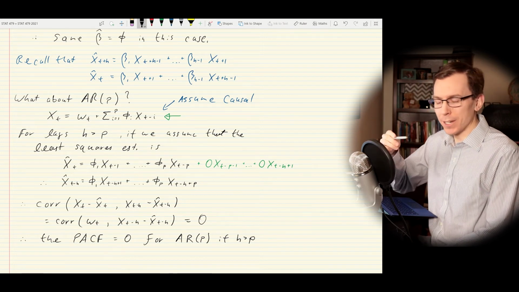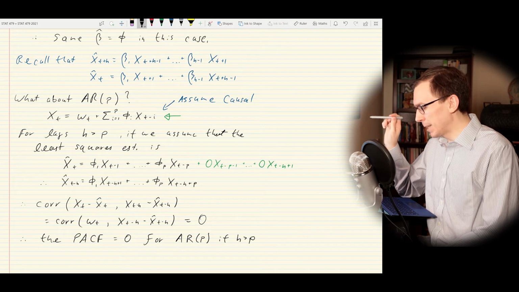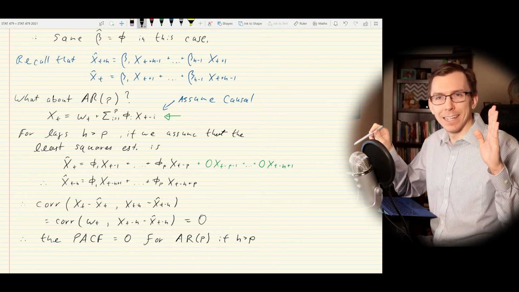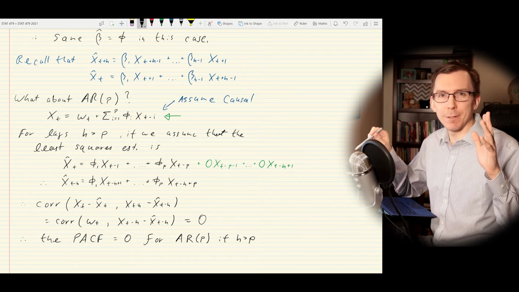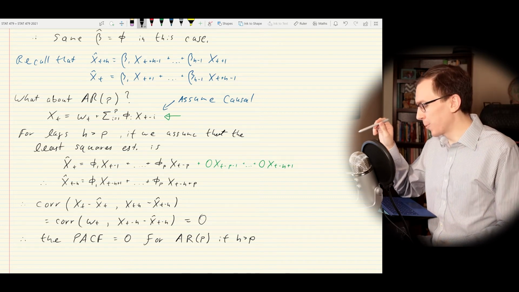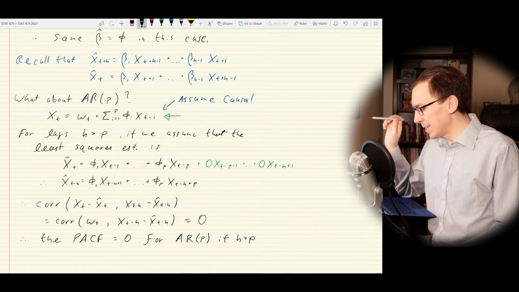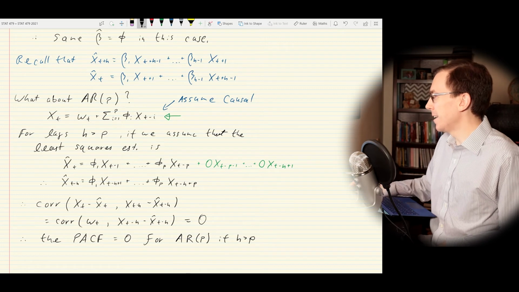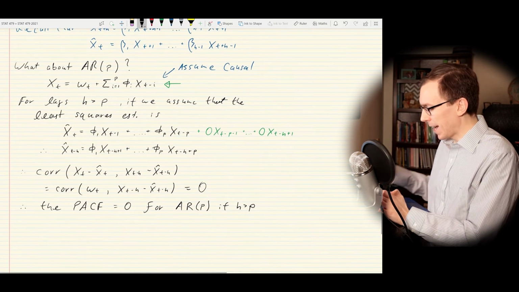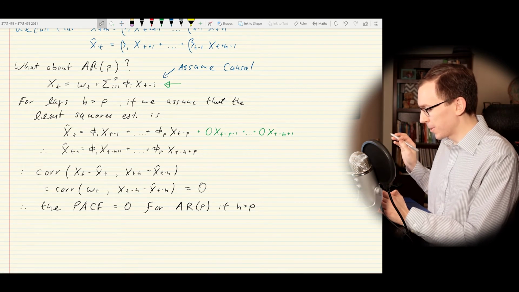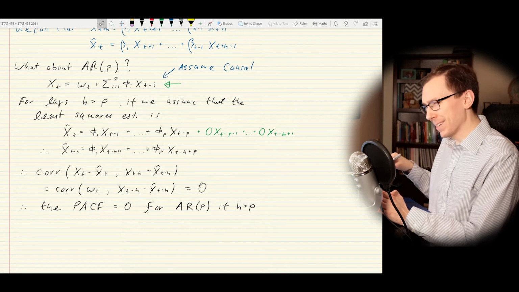It could be above or below when we try to compute it. But the point is that we can look to see when the partial autocorrelations become negligible, or very close to 0, and we can use that to determine the order of our autoregressive time series.